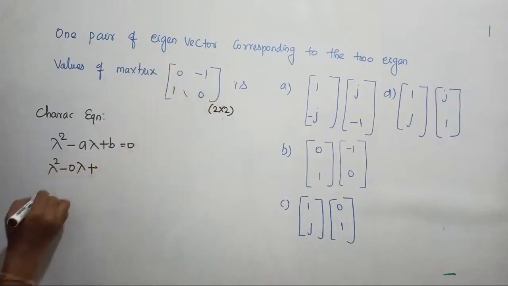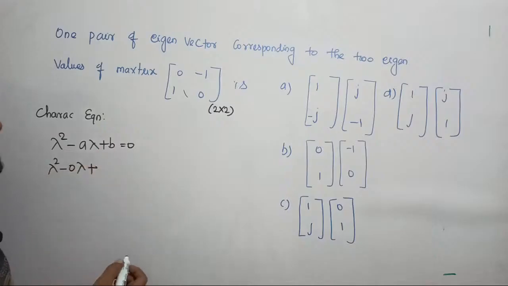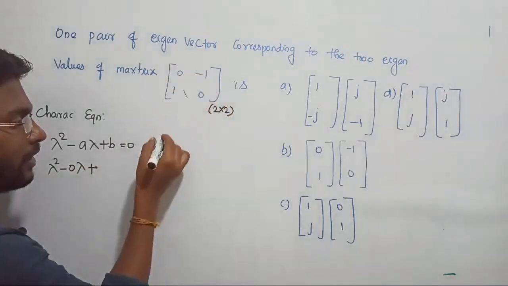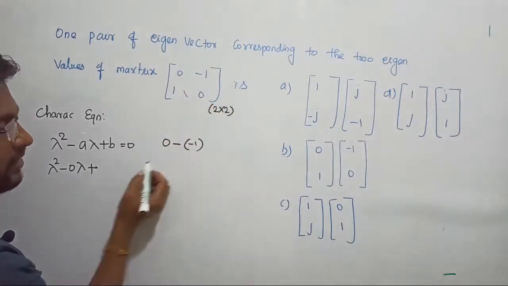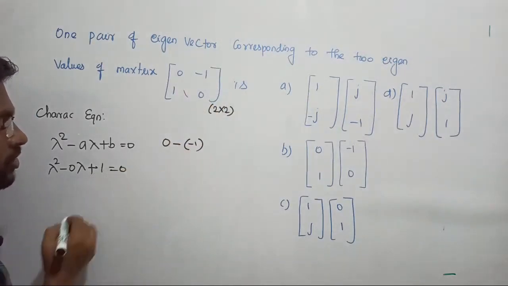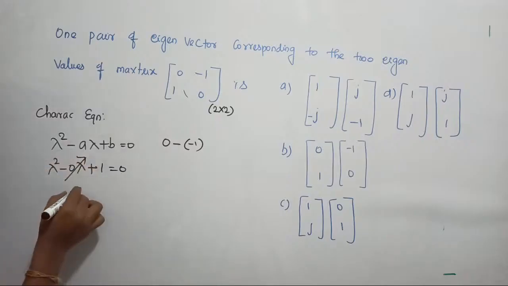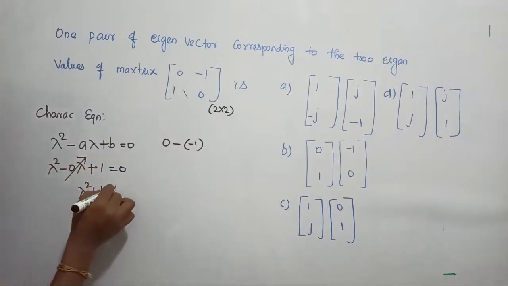Plus b is the determinant of the matrix: product of the diagonal, 0, minus product of the off diagonal, which is minus 1, so minus of minus becomes plus 1. So 1 equal to 0. This term is completely 0, so we can write lambda square plus 1 equal to 0, right?